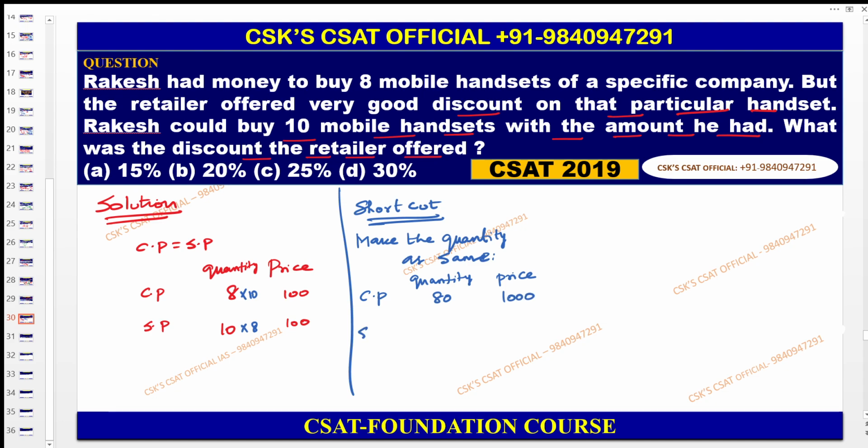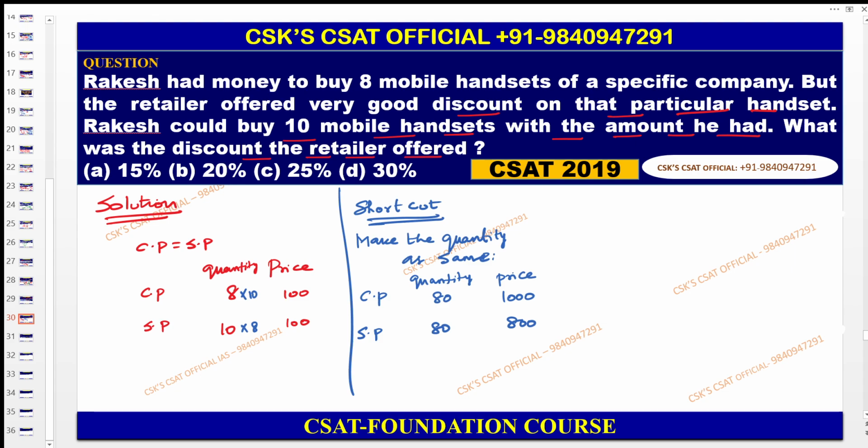Next, what is the SP? 80 here, 8 you are multiplying, so 800. When the cost price is greater than the selling price, then automatically that is a loss. That means a discount. Okay, fine.